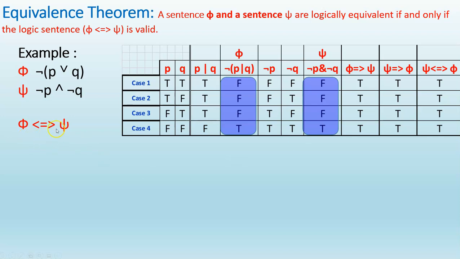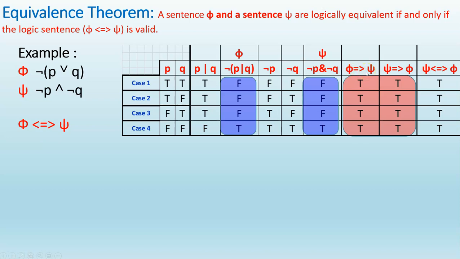But how does this sentence come into play? What's this all about? What's that biconditional implication? Well, let's take a look. When we look at the implication going both ways, that is to say, phi implies psi, how can phi implies psi be unsatisfied, or when will that ever be false?